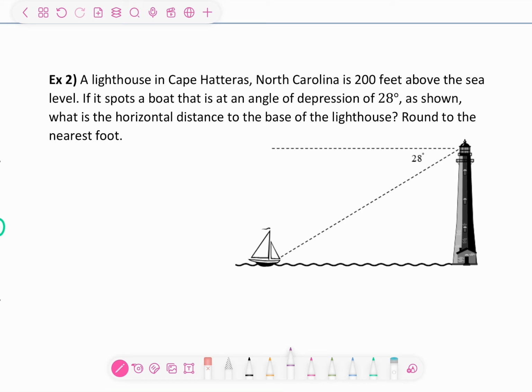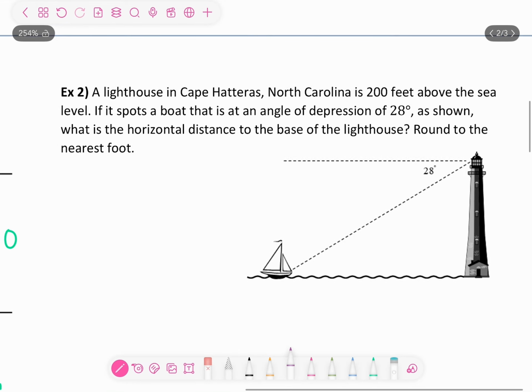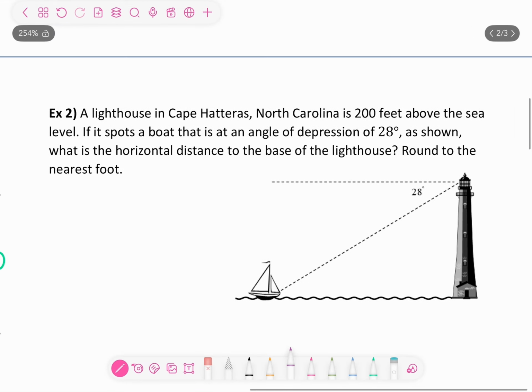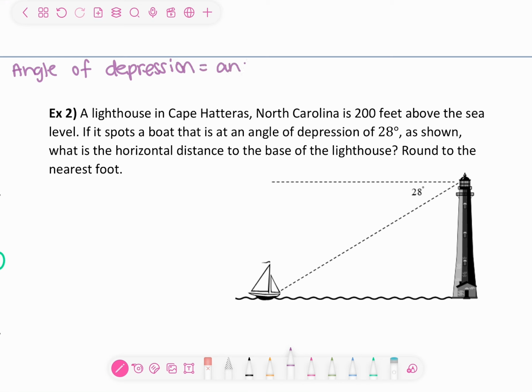So first of all, let's write what an angle of depression is, because that is going to show up here. It's kind of like an angle of elevation, except kind of the opposite. So angle of depression, let's write this down at the top, is the angle from the horizontal, but instead of up, it's down now, okay?